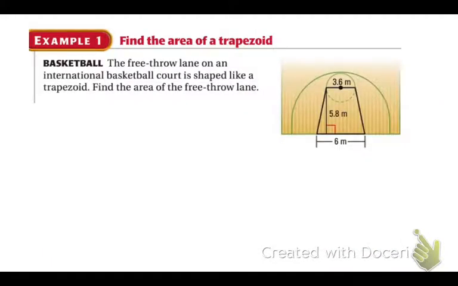Here we're going to do a little example. So again, our formula, 1/2 the height times the first base plus the second base. Here we have an international basketball court, which is not like ours, but it's close enough for this purpose. So let's identify our variables. Here's our height. Our height is going to be 5.8 meters.